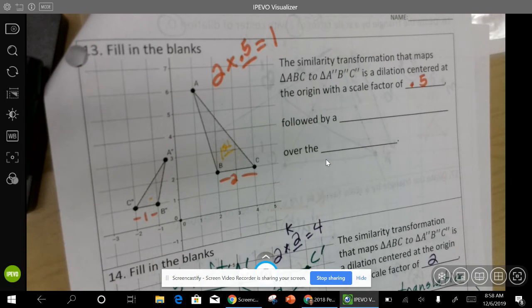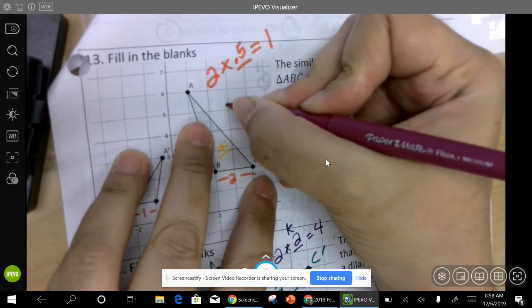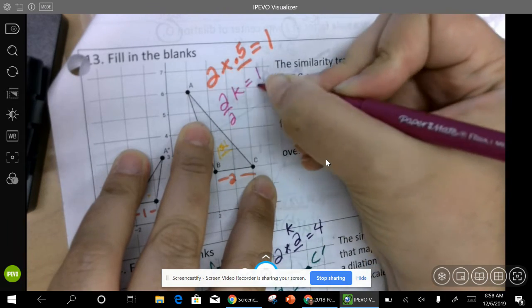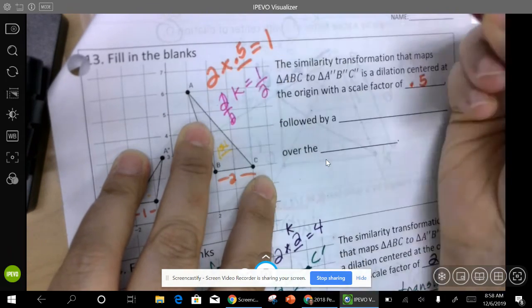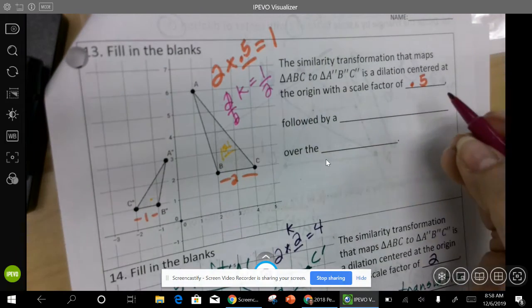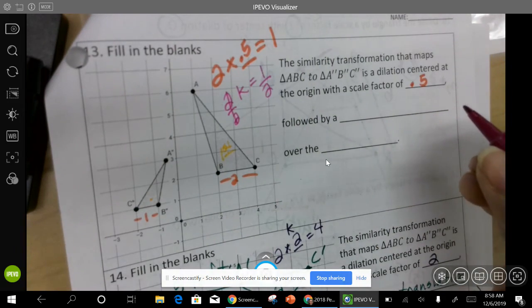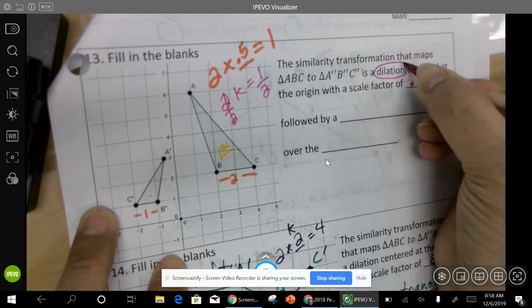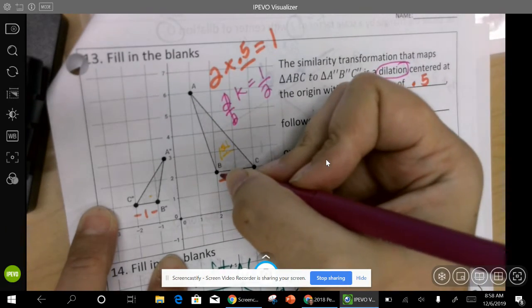So you can also think of it, everybody, like this. If you want to think of it as k is equal to 1/2, divide each side by 2. Okay, and we get 1/2 or 0.5. Okay, so I'm going to do that dilation, okay, because the dilation is first. So I'm going to take that dilation and do it.